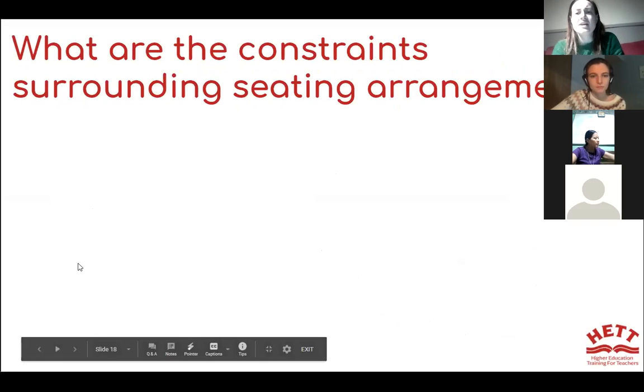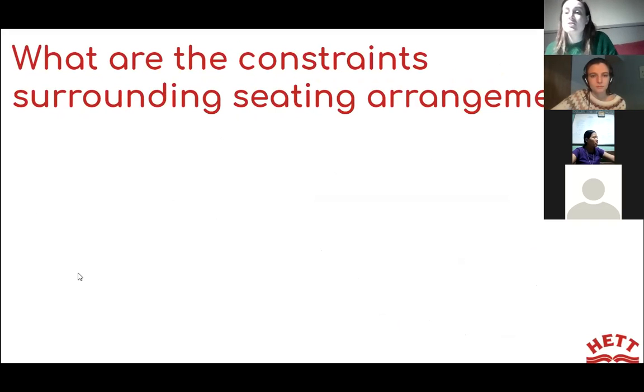What are the constraints surrounding seating arrangements? So I know in Myanmar, in a lot of classes, the seats are in rows, and you can't really move the rows. They're too heavy, or maybe they're stuck to the ground.